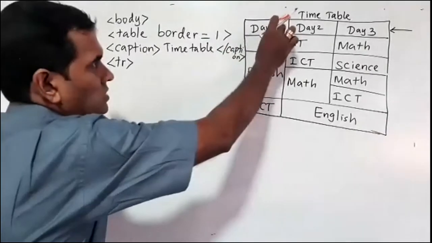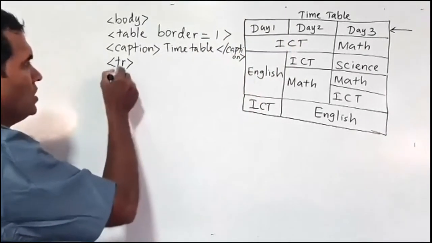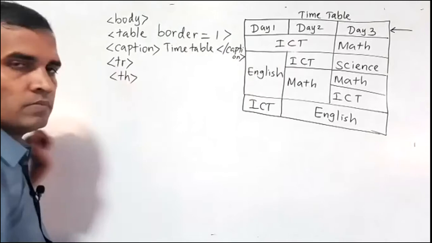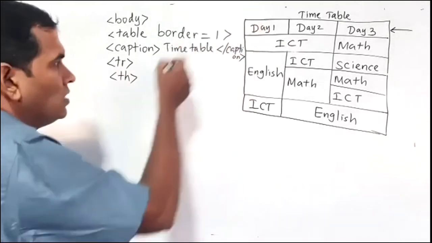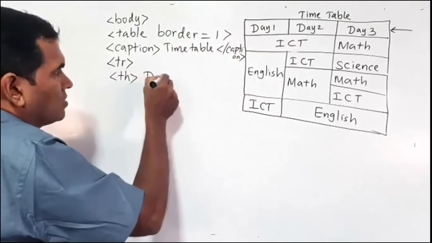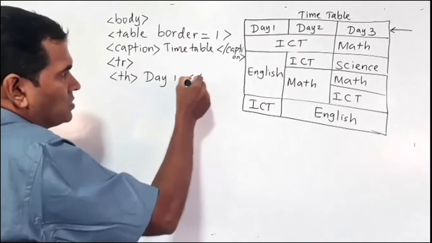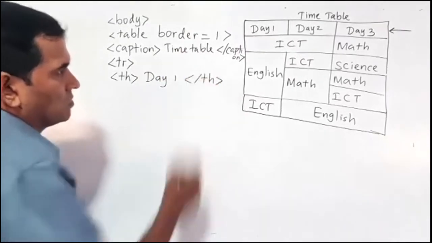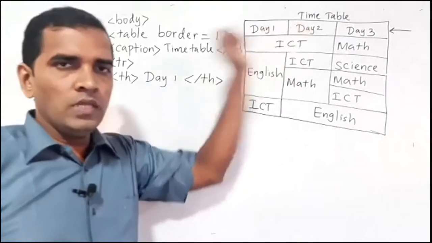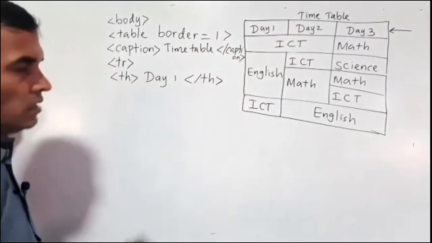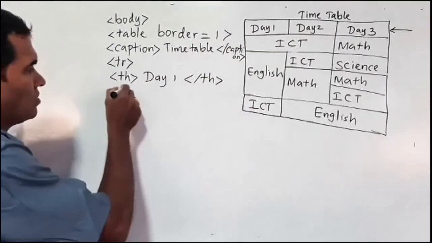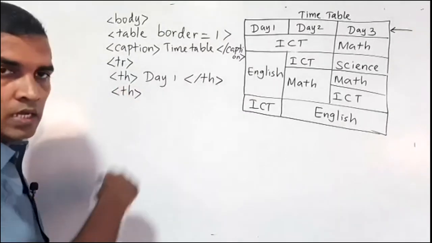So let's create the first cell with heading. So it is TH, table header. What's the heading there? Day 1, right? So put the day 1 and then close it. Okay. So then we want another cell. So this is TH again, because that is also heading.